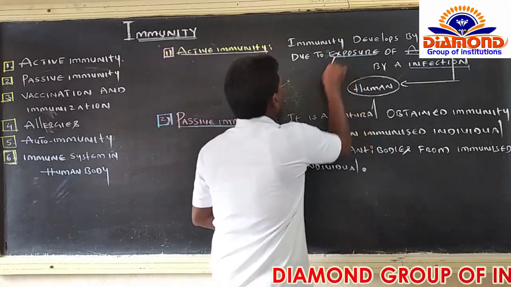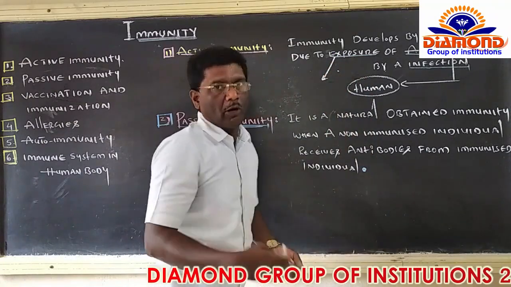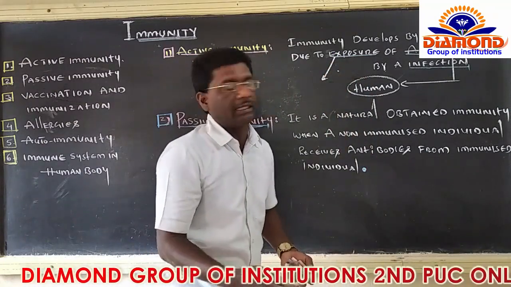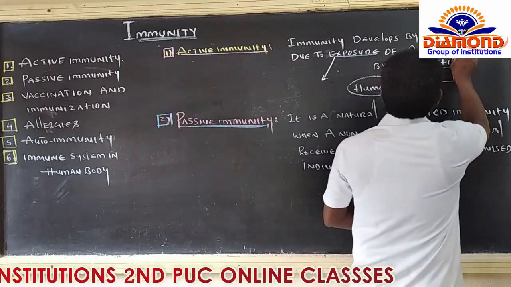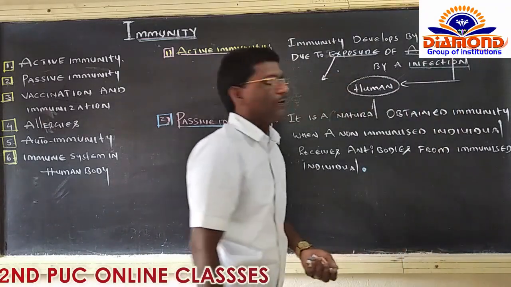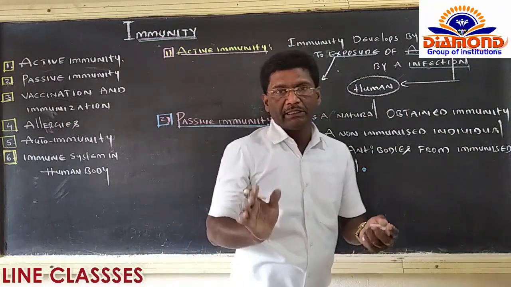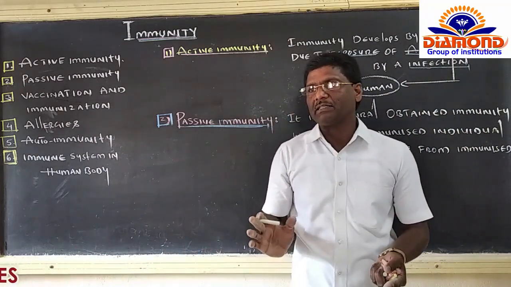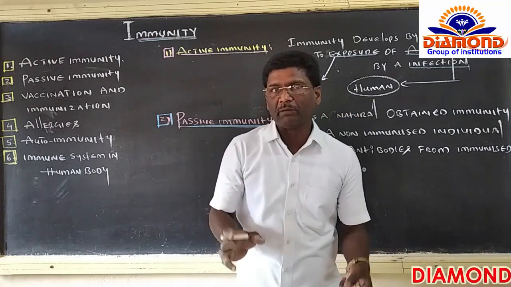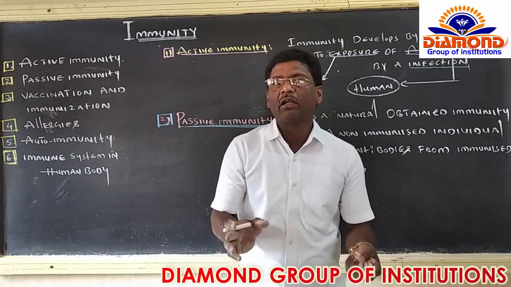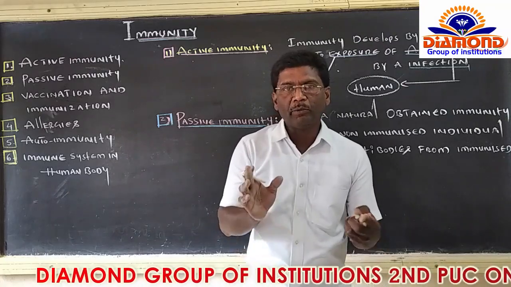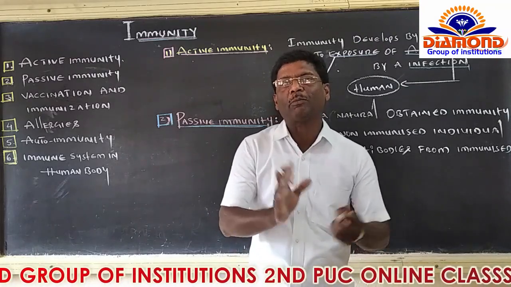Due to exposure means our body is going to express something. This is called exposure of antigens or by an infection. That means in general and normal conditions, if we are not affected by any microorganism or any pathogen or any antigen, our immunity system is simply sitting in our body.